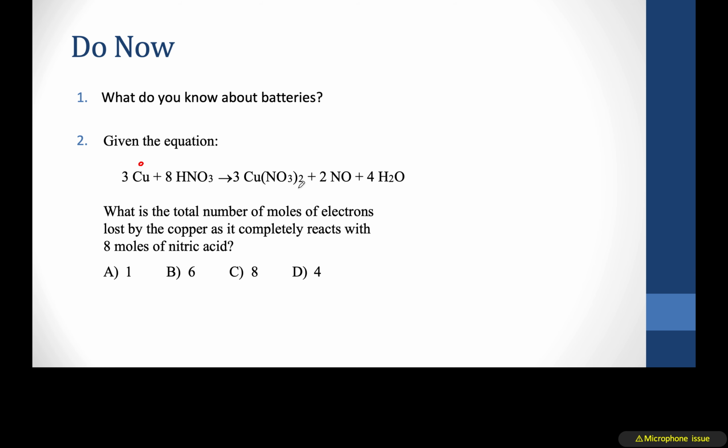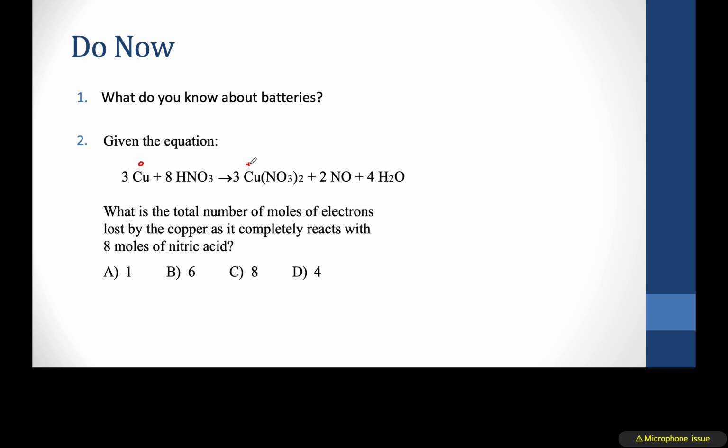So remember, the trick for ionic compounds is that the oxidation state of the ions is the same as the charge. So NO3 is a polyatomic ion with a -1 charge. You can look that up in your table of polyatomic ions in your reference tables. And there's 2 of them for a total of a -2 charge. So to balance that out, copper must be +2.